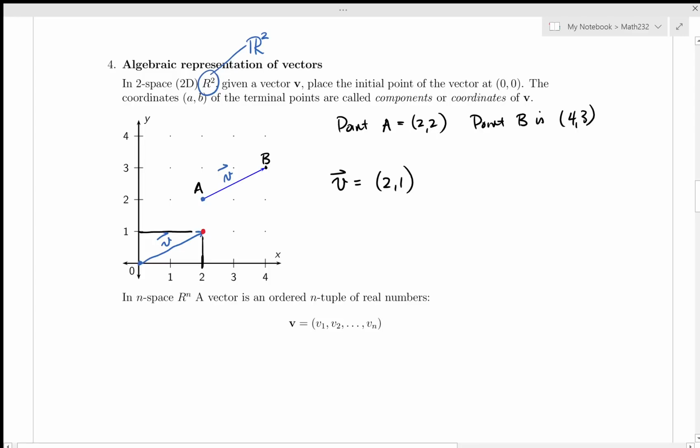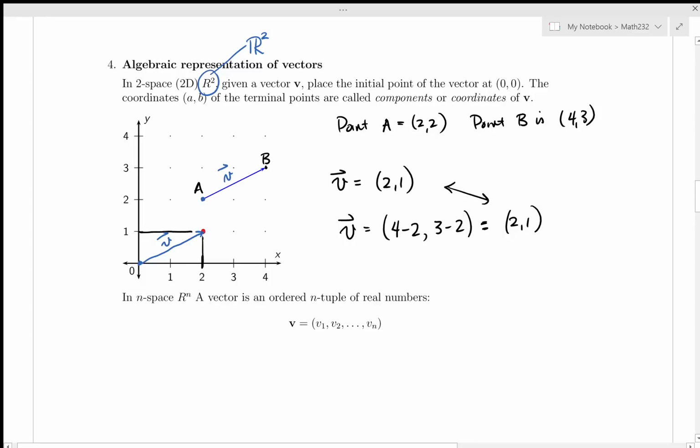Then I would be able to compute, without having to do the translation, that the vector v is the x-coordinate of the terminal point minus the x-coordinate of the initial point, and then the y-coordinate of the terminal point minus the y-coordinate of the initial point. And I get (2, 1). Same thing, okay? (2, 1).